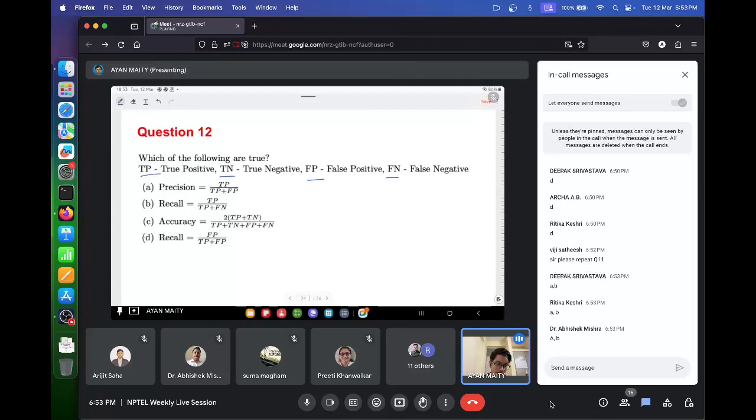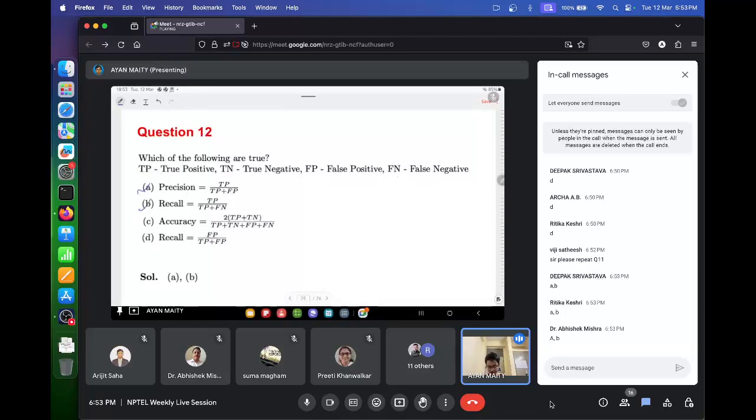Deepak Srivastav, Ritika Kesri, Dr. Abhishek Mishra, all are saying option A and B. So in this question, A and B are the correct answer.